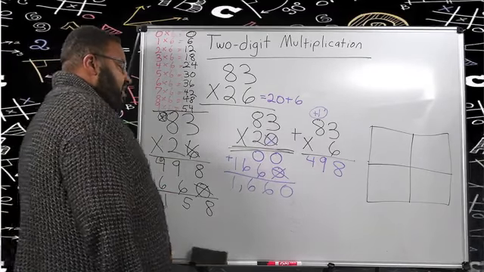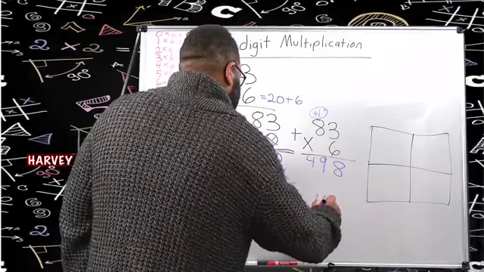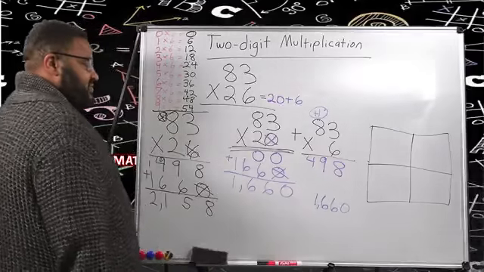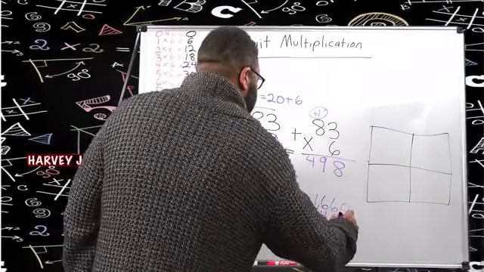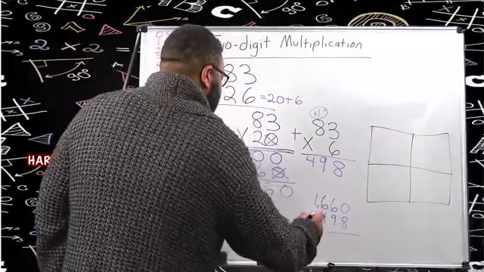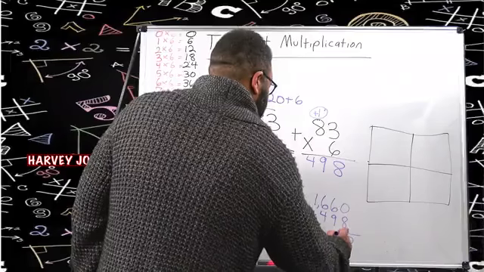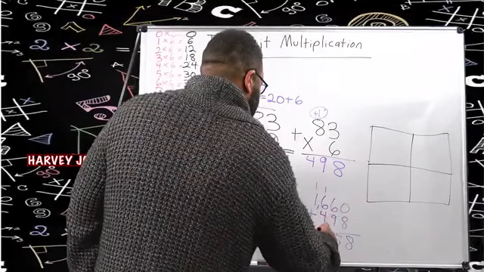And what I'm going to do now, I'm going to add these two up right here. 1,660 plus 498. 8, 15, 11.